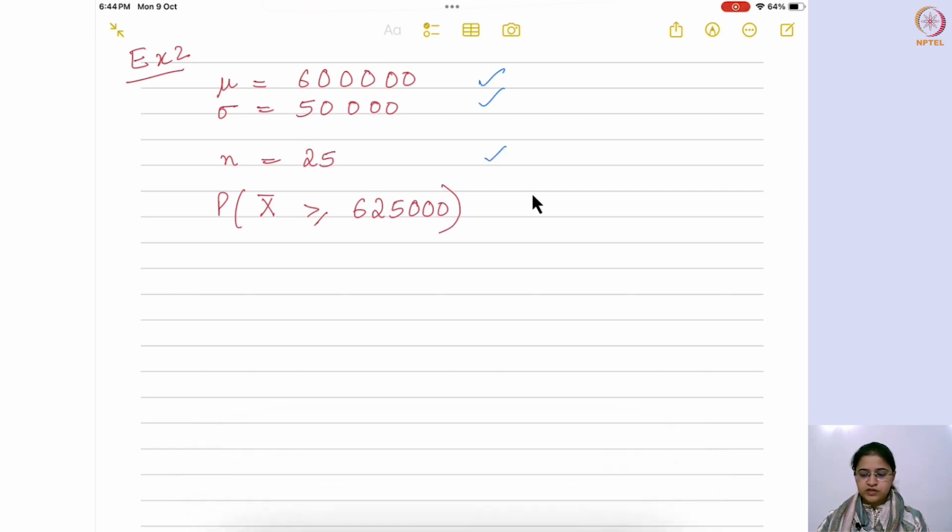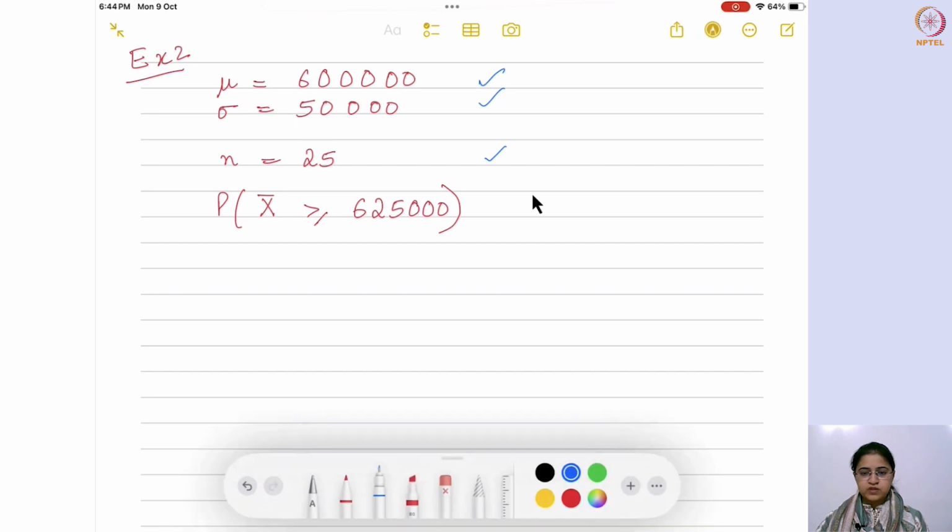In order to find this, we already know that the sample mean follows a normal distribution with mean mu and variance sigma square by n, because we already know that it is coming from a normal population. So a sample size of less than 30 is also applicable in this case. First of all, we are going to standardize this.